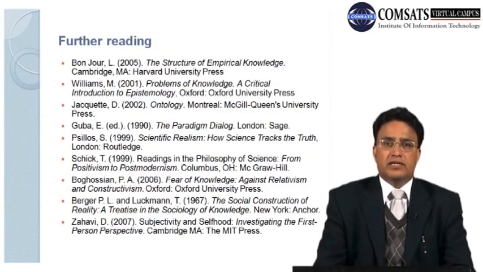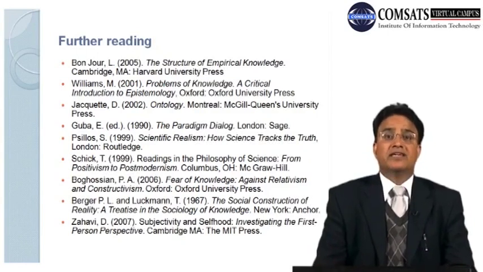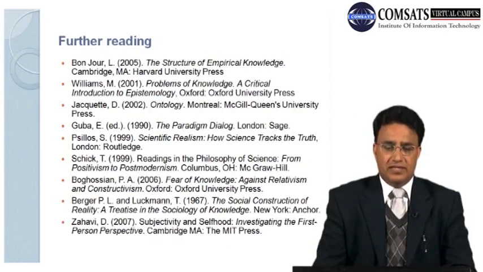This book is about what epistemology is. We discussed briefly that epistemology is the science of knowledge. If you are interested to explore this further, this could be a very useful book. Then you have Jacket D., 2002, on ontology.